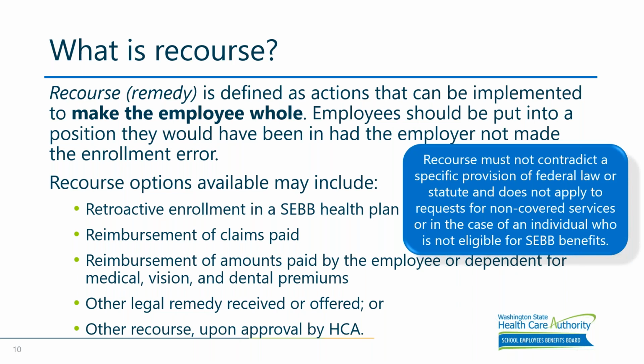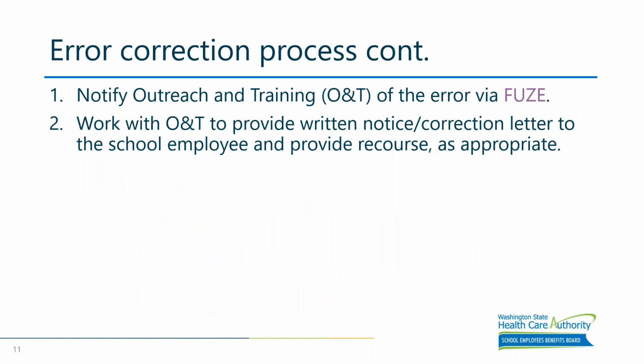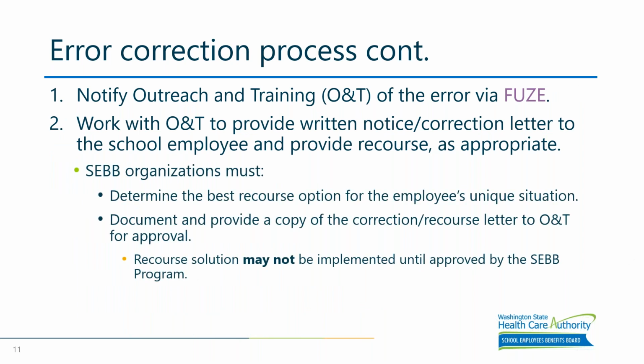Recourse must not contradict a specific provision of federal law or statute, that does not apply to requests for non-covered services or in the case of an individual who is not eligible for SEBB benefits. So SEBB organizations must determine the best recourse option for that employee and their unique situation.